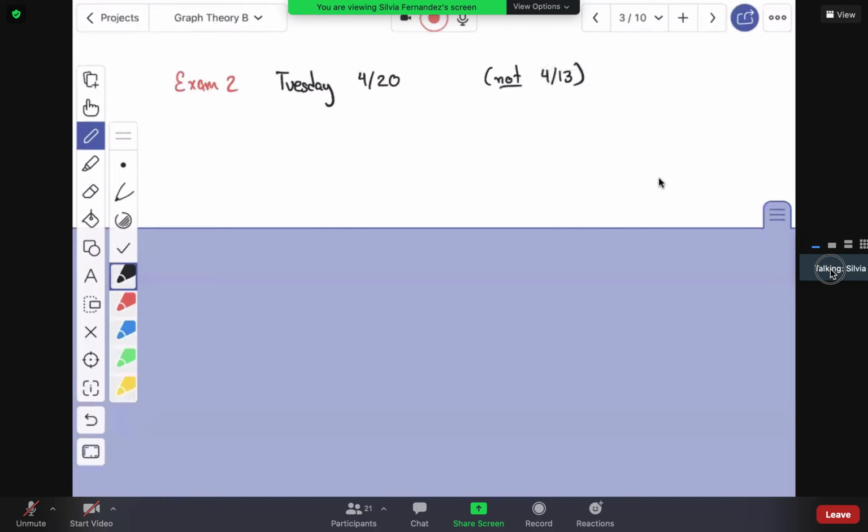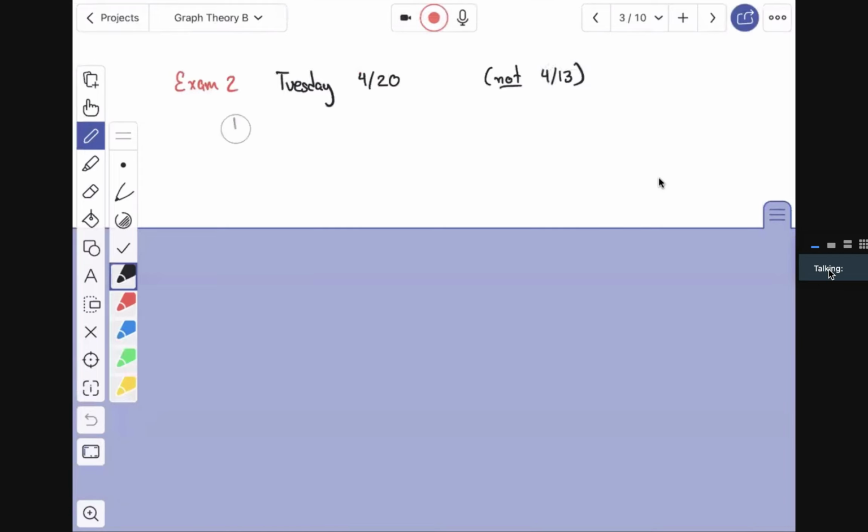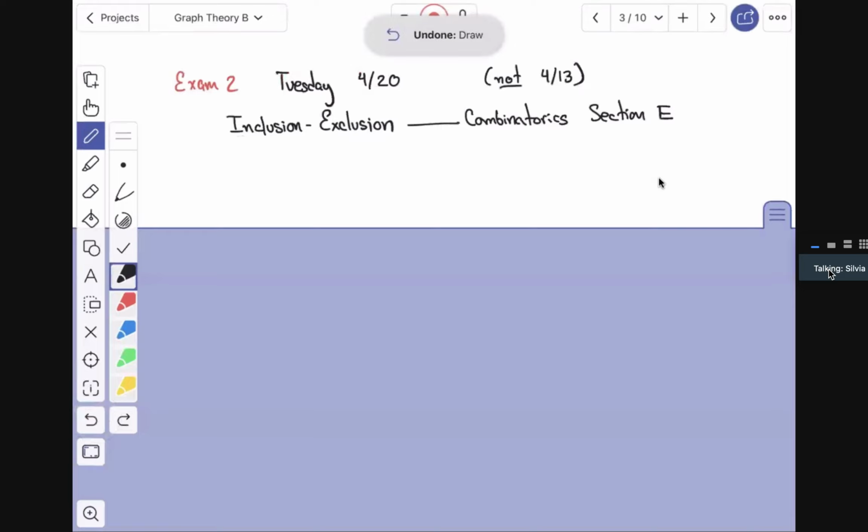And we will include inclusion exclusion, which was section E in the combinatorics book. And we'll have sections A, B, and C, which is basic graphs, isomorphisms, and bipartite graphs.